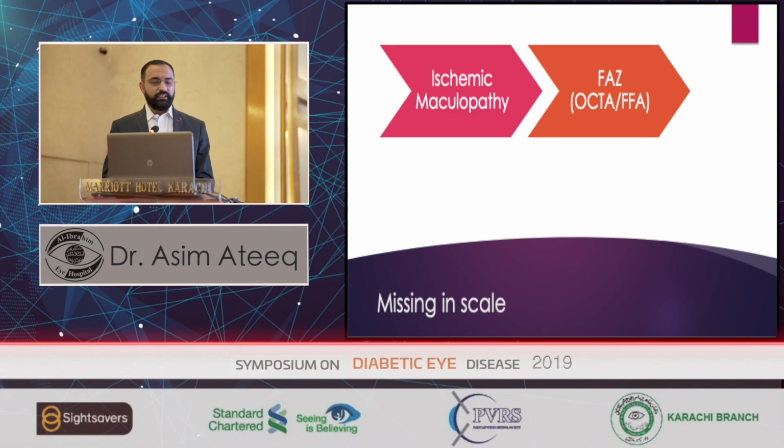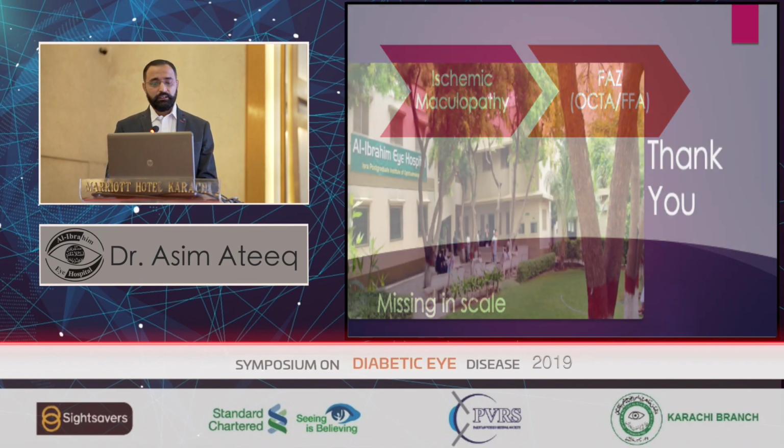What I feel is missing in this scale is ischemic maculopathy, which we can see from the foveal avascular zone with the help of OCT angiography and fundus fluorescein angiography. Ischemic maculopathy is a very important factor in management, especially from the surgical point of view. If we have an idea that this patient has an ischemic macula, there is no point in surgeries or doing a lot of intervention on those patients.